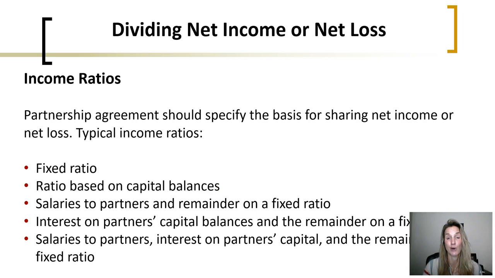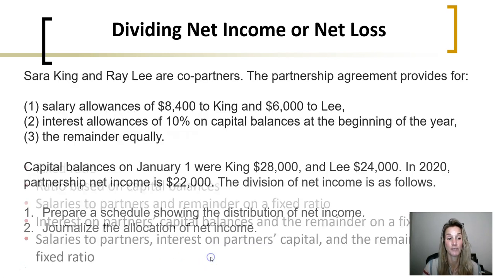So the greater the owner investment, the greater the capital balance, the greater the portion of the income they will be receiving. Or there could be some salaries that different partners are supposed to get, or it could be based on a percentage of interest on the owner's capital balances. So it could be a combination of all of these: salaries, interest, and any remainder going on a fixed ratio.